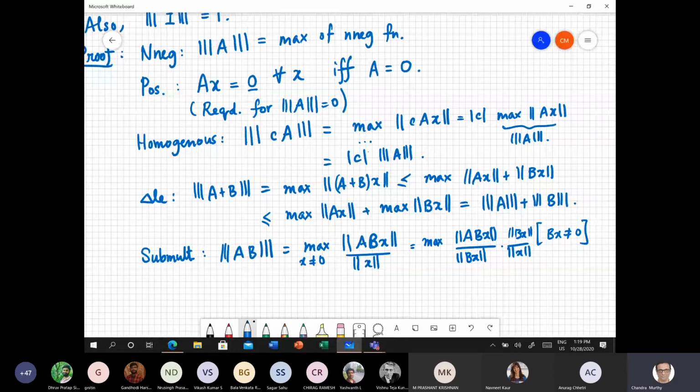I can individually maximize these two terms. They are non-negative terms. So instead of maximizing the product of these two terms, I can individually maximize them and then take the product of the two maxima. That will only be greater than or equal to this term. And of course, I can consider Bx to be some other vector y and maximize over all y not equal to 0.